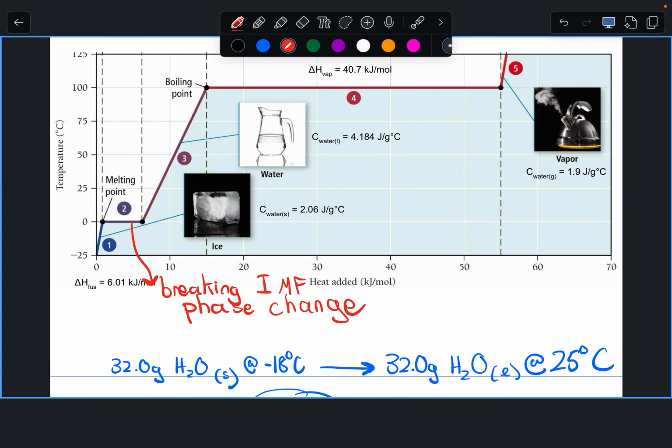Starting point is negative 18, that's that red dot, and then we're going up to 25. So the process is up in temperature, phase change, and then up in temperature again. And we're going to calculate the energy associated with that.